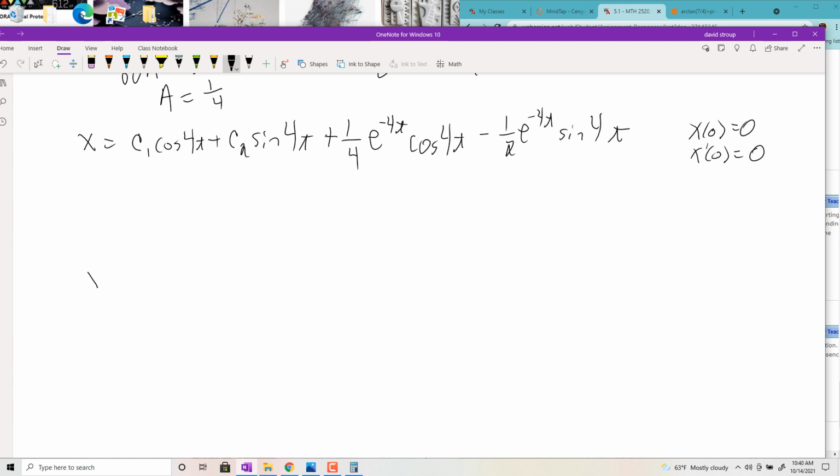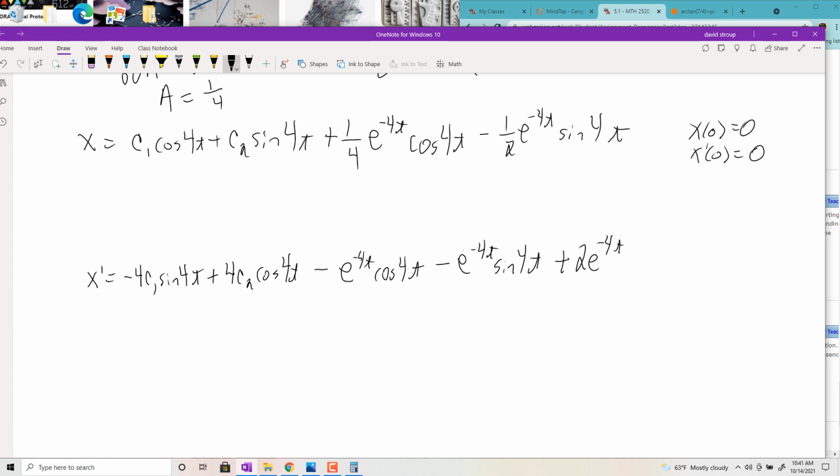So the derivative x prime is going to be negative 4c1 sine 4t plus 4c2 cosine 4t minus e to the negative 4t cosine 4t minus e to the negative 4t sine 4t plus 2e to the negative 4t sine 4t minus 2e to the negative 4t cosine 4t.